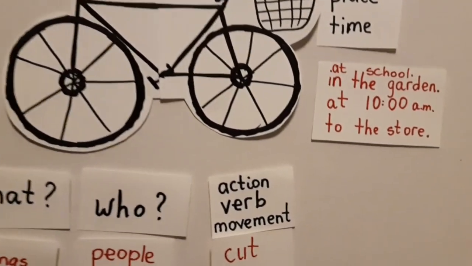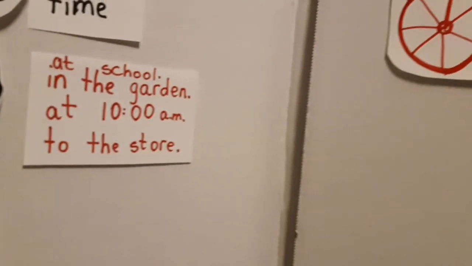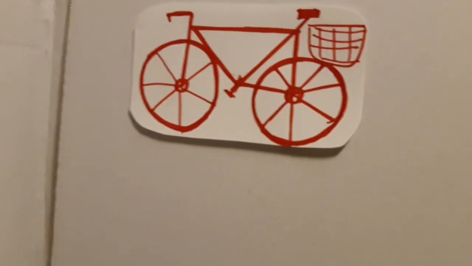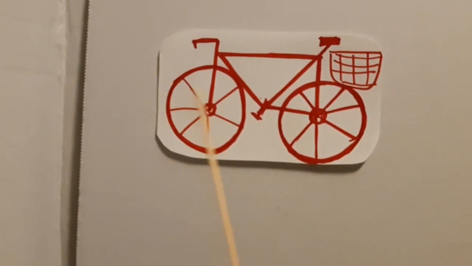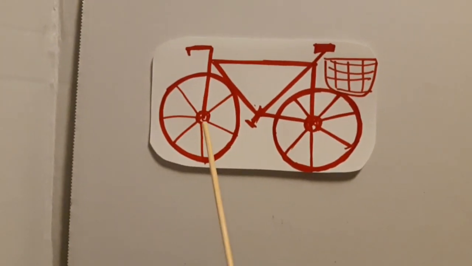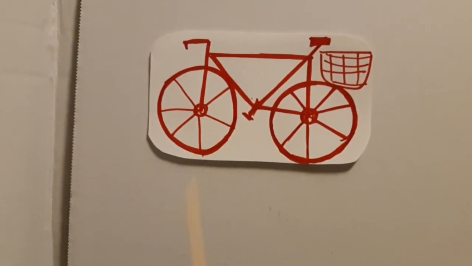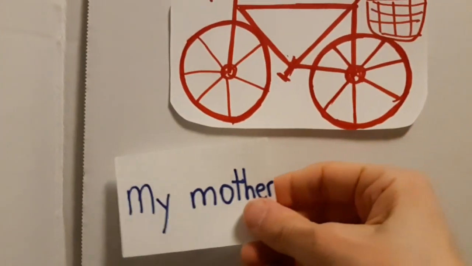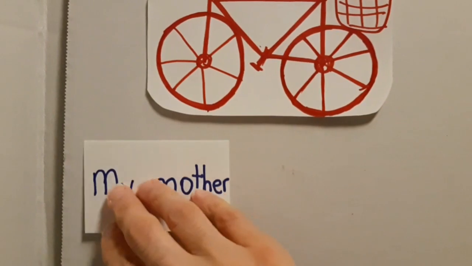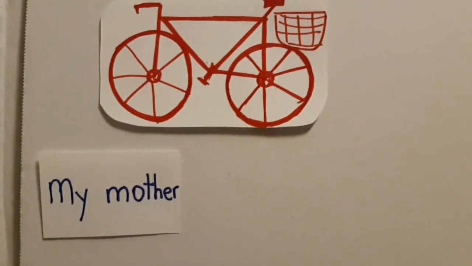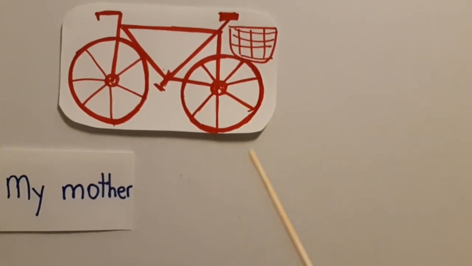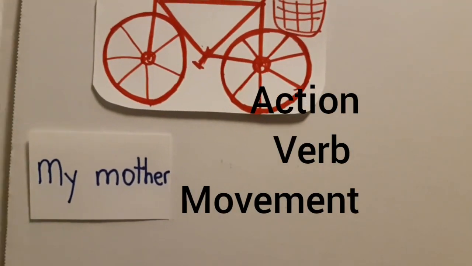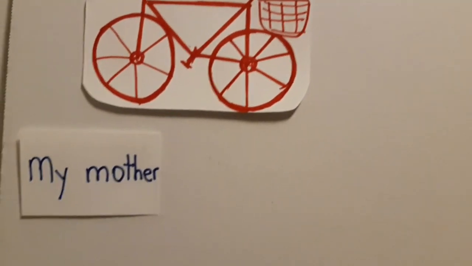So remember the bicycle, and I'm going to have more sentences for you. As we said, the first wheel is for the person or the thing. This time I'm going to say my mother. For the second wheel, I am going to say works.